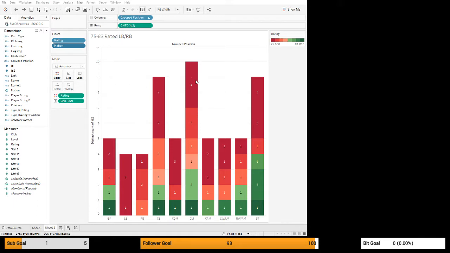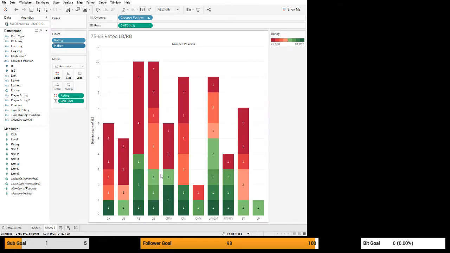Should we have a look at Portugal? I'd expect that to be fairly light as well. Spain would be very interesting to look at as well. So with Portugal, you've got pretty good high rates, or 84s. I'd imagine a lot of those would be in their league as well.